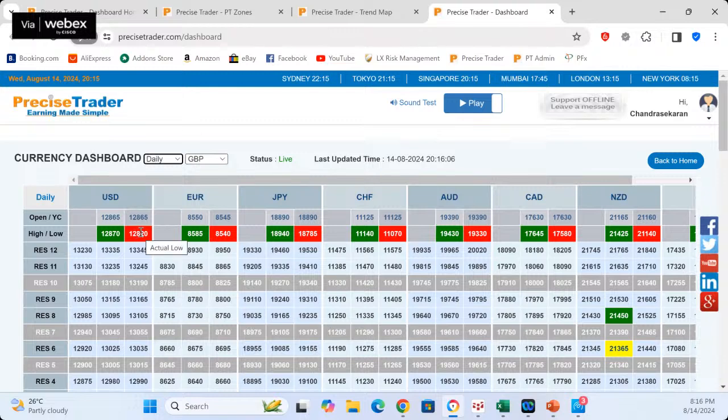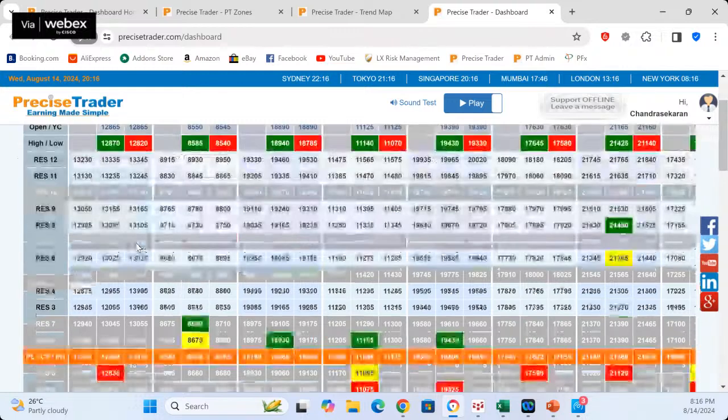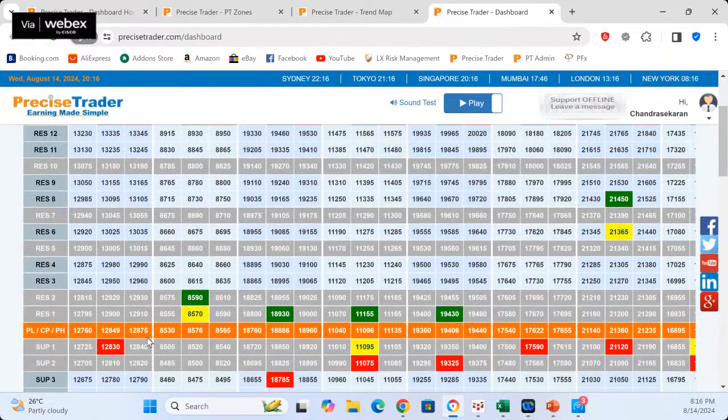So if the data is bad, we don't expect this low to break. Then we expect this high to break, so that is the clue. And if it breaks, we should be able to see 12920 or 12930.